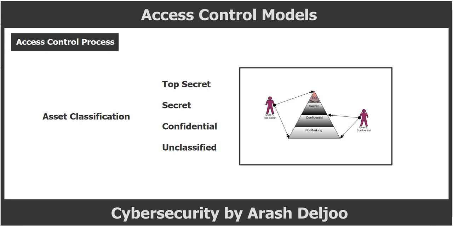About the secret, unauthorized access to secret information would cause severe damage to national security. About the confidential, it means unauthorized access to confidential information would cause damage to national security. And about unclassified, unauthorized access to unclassified information would cause no damage to national security.